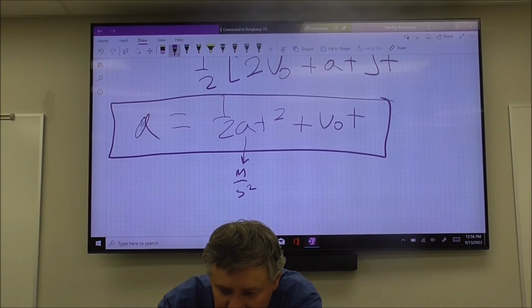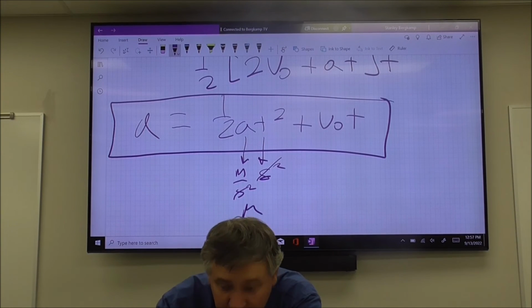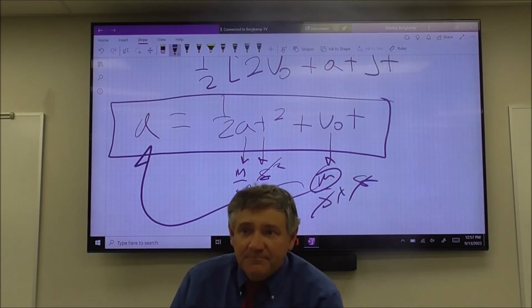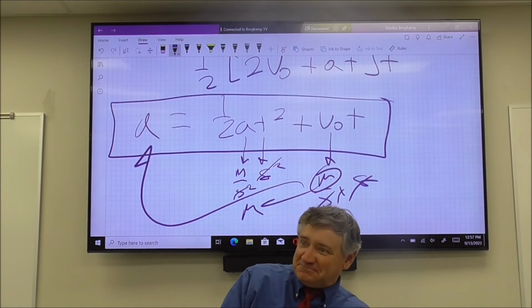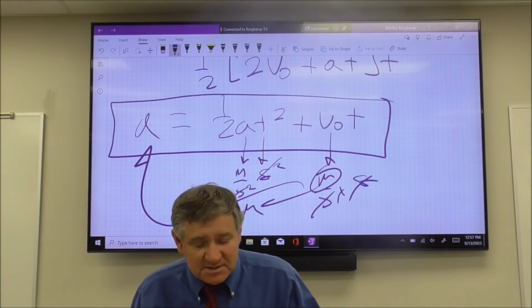Meters per second squared. Time is going to be in seconds, but that's going to get canceled out, so I'm going to get meters. Then I'm going to have meters per second times seconds, the seconds cancel out. Can I add meters to get meters? Yes. If we can't, we're really screwed. Okay? So it works in terms of units.